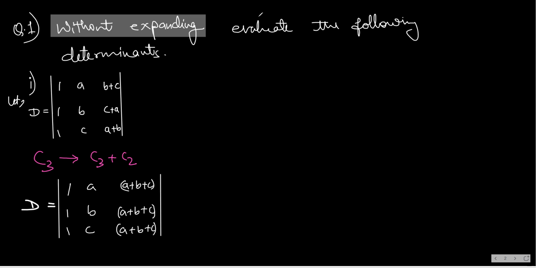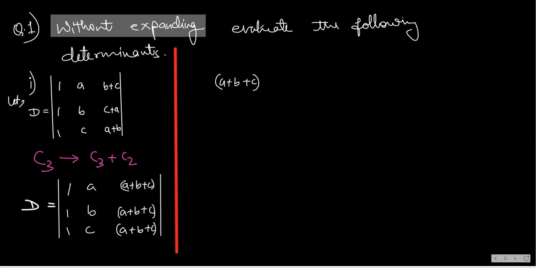See, the next property I'll be using is, I take A plus B plus C. What I notice, all the elements of column 3 are same. So I can take A plus B plus C common.